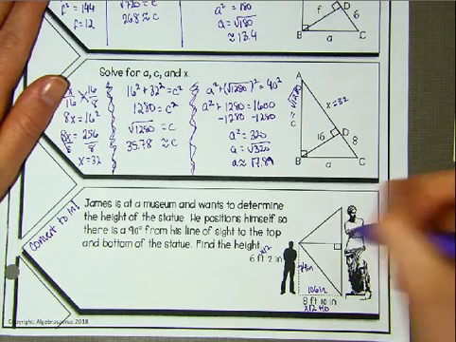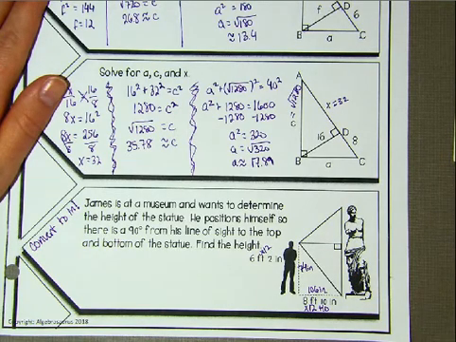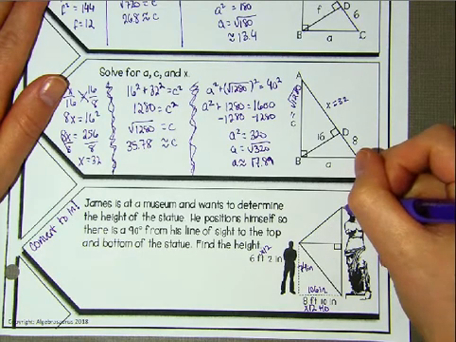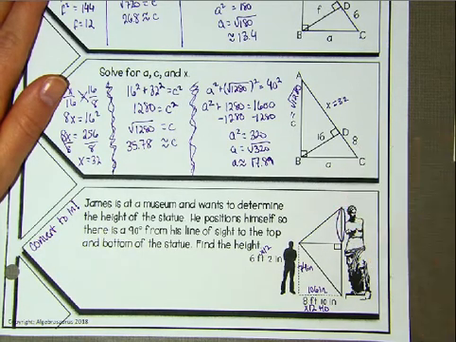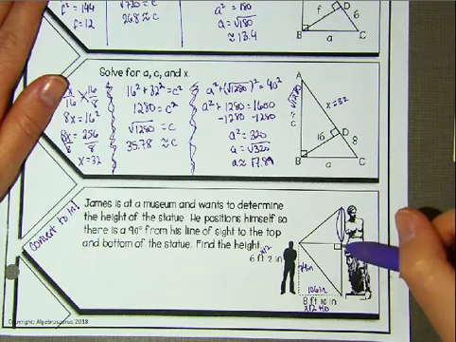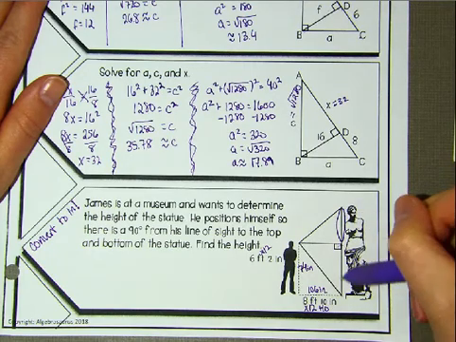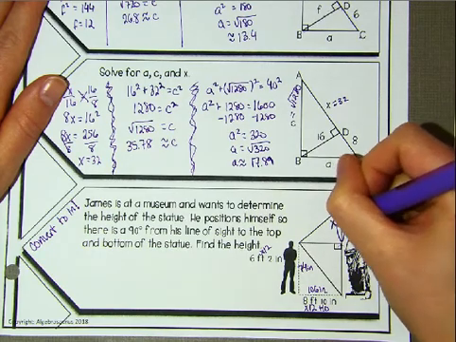So now, using geometric mean, we're going to find this height right here, because we already know this height is 74 inches. So to find the total height of the statue, we want to find this value.